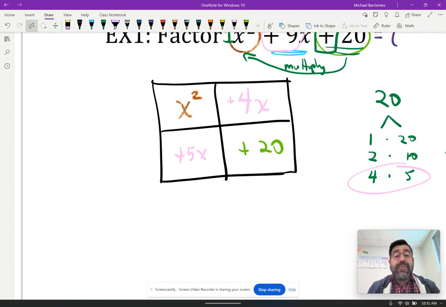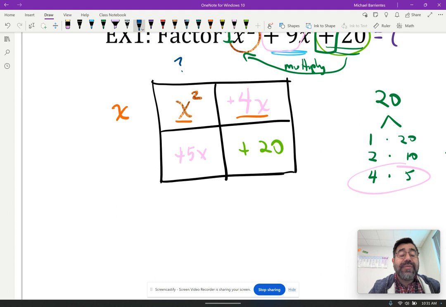But now we play this little game. The little game says, what do these two terms have in common? What can I divide both of these by? Well, I can divide both of them by x because both of them have at least one x in common. And now we take a look at what times x would give me x squared. Because remember, things on the outside, we multiply to give me the box on the inside.